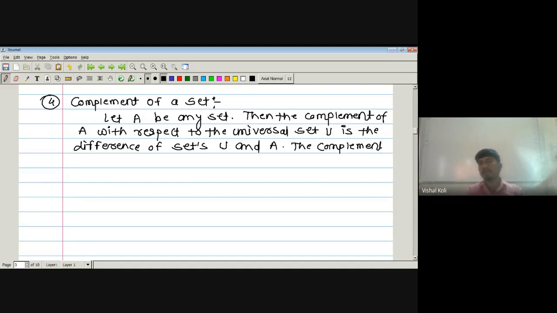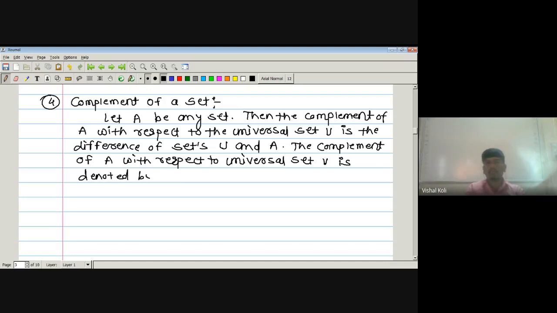The complement of set A with respect to universal set U is denoted by A dash or A to the power small c.